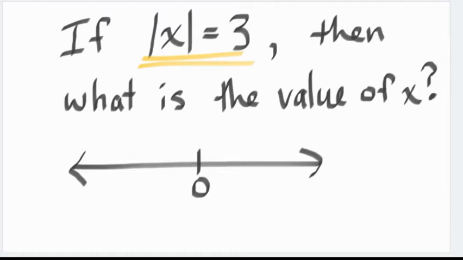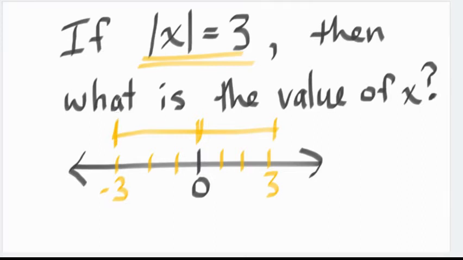And actually, the weird thing about it is there are two answers, because we can have the positive direction to the right, 1, 2, 3. That number, which is 3, is 3 away from 0. But also, we can go 1, 2, 3 to the left, that's -3. That is the same distance, it's just to the left.